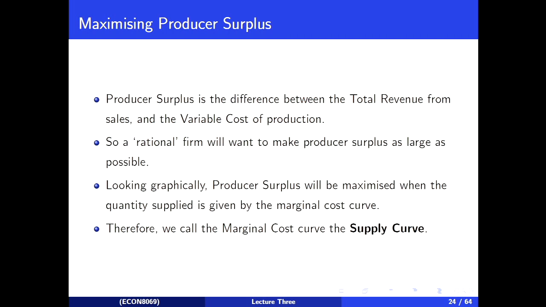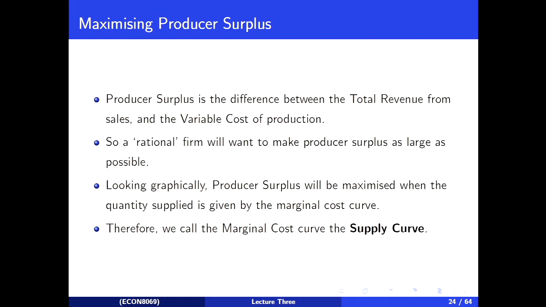It might be minus the fixed cost, but the difference between profit and producer surplus is related to fixed cost. And fixed costs don't matter for the level of production that maximizes profit.